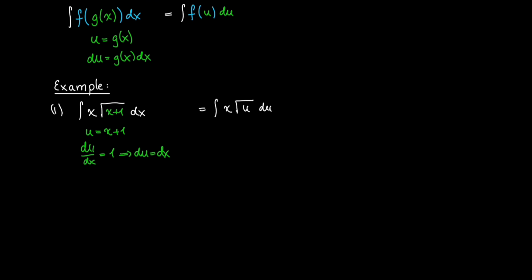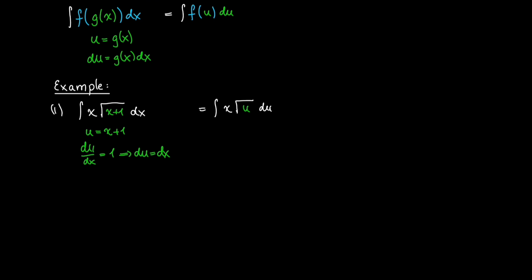However, here we encounter a problem. We have already transformed our integral into an integral with respect to the variable u. However, we still have a variable x here, and there's nothing we can do with it. Only the funny thing is, there is something we can do about it. Because we said in our substitution that u is equal to x plus 1.